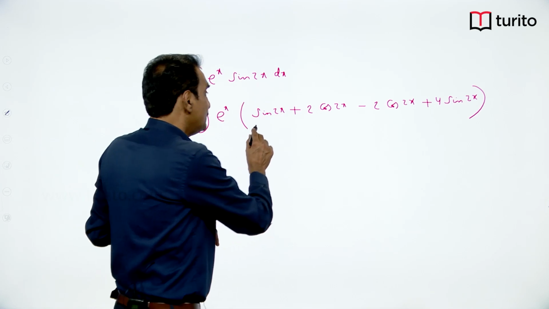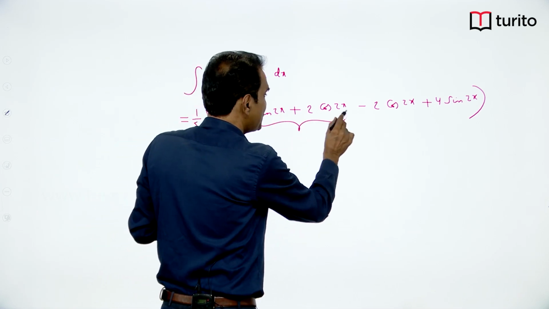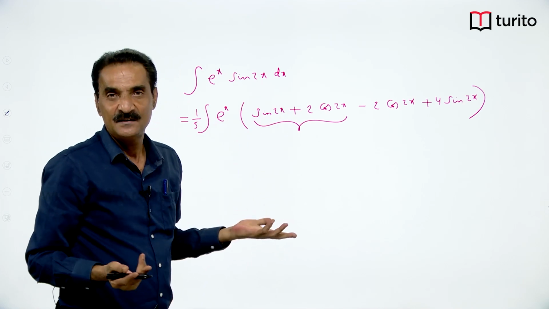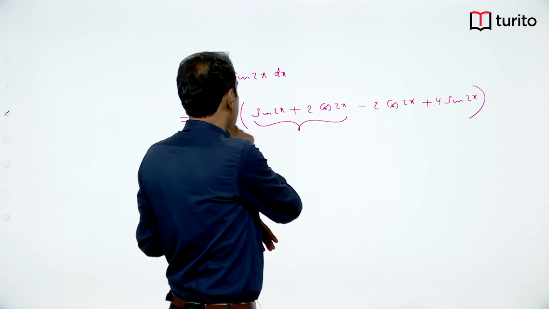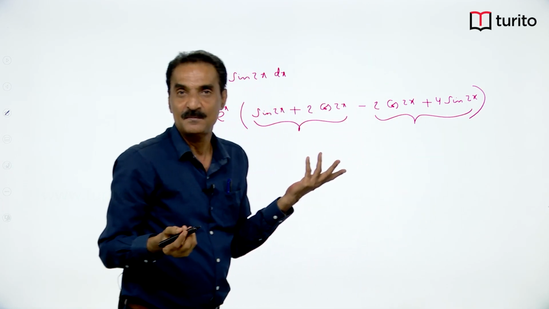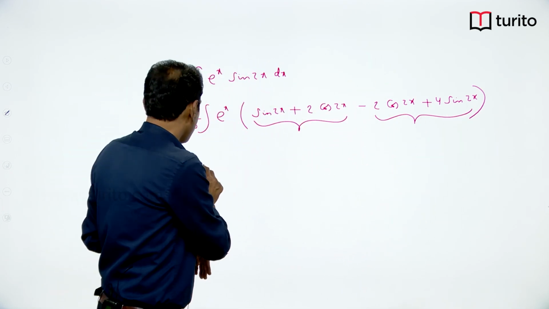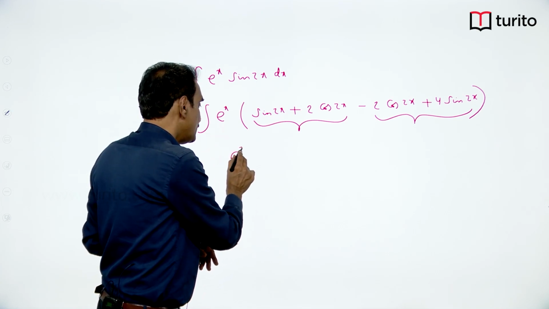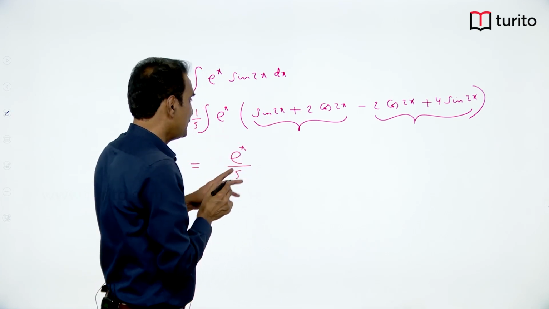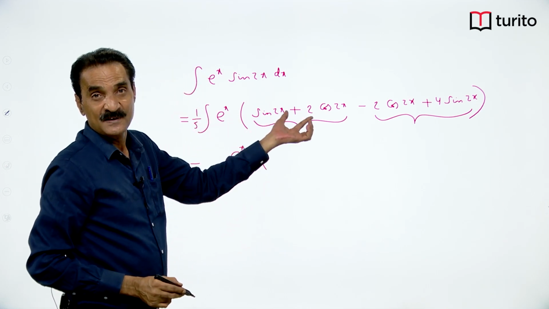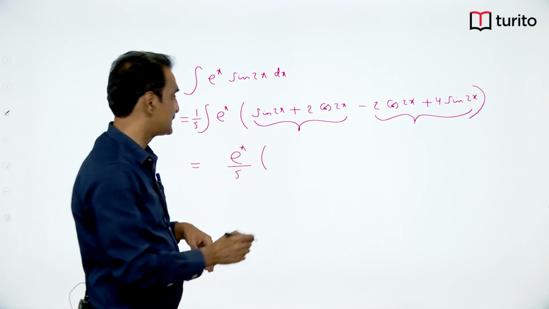Now this is f of x plus f dash x. E power x into f of x plus f dash x is a formula. Then what will we get? 1 by 5 into integral of e power x into f of x plus f dash x is e power x f x.